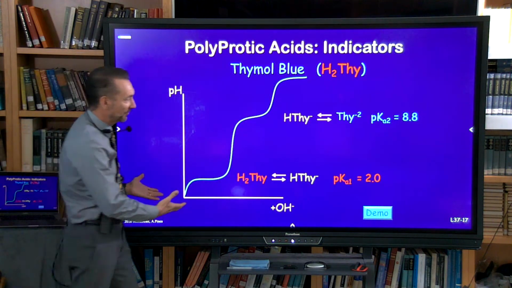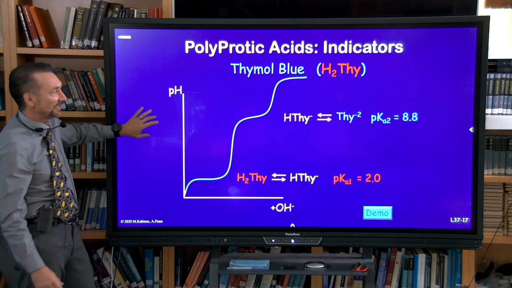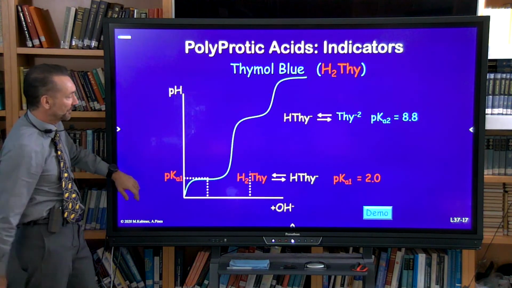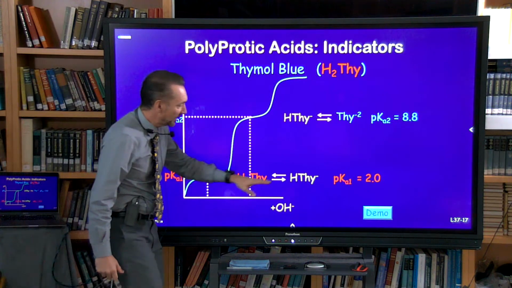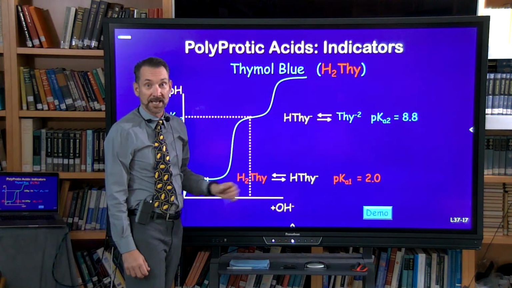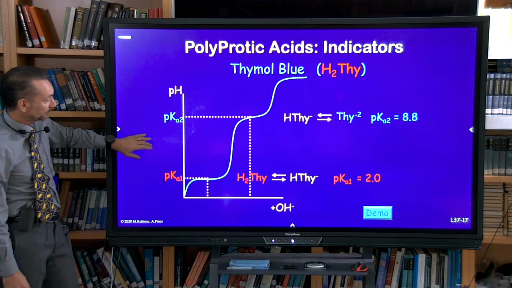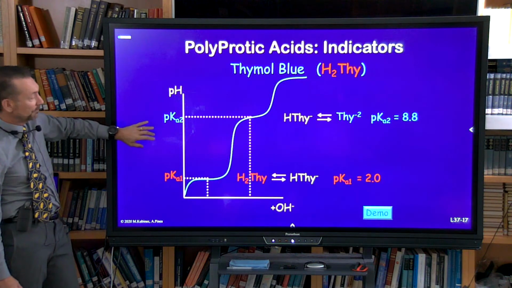So you have a very easy, straightforward understanding of how something could act as an indicator, because its color is a function of the pH, because it itself is a weak acid and has various protonation states, which just happen to change color. So there's pKa1 and pKa2.